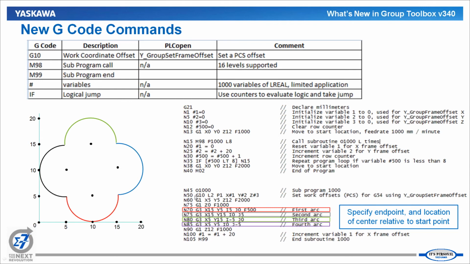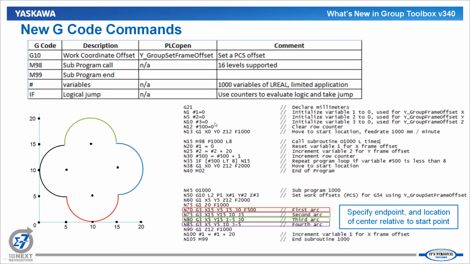So the actual arc itself is just these 4 lines down in the subroutine, and you can see that they're all hard-coded values for the coordinates of the arc, and we can get away with that because they're all within a part coordinate system. It's the part coordinate system itself that's being changed using G10, and these variables, simply called 1, 2, and 3, to change the x, y, and z of the work coordinate system offset.